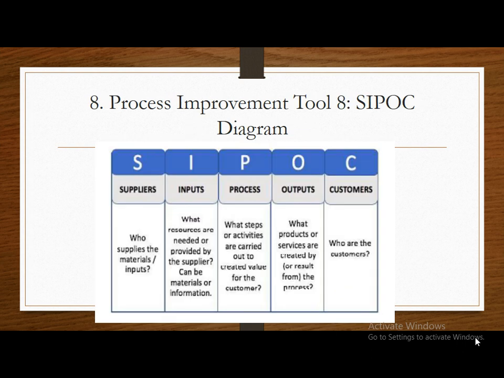If you remember in the last lecture, we talked about SIPOC, that is Process Improvement Tool number 8, SIPOC diagram. So suppliers, inputs, process, outputs, and customers. The full form of SIPOC is suppliers, inputs, processes, outputs, and consumers.